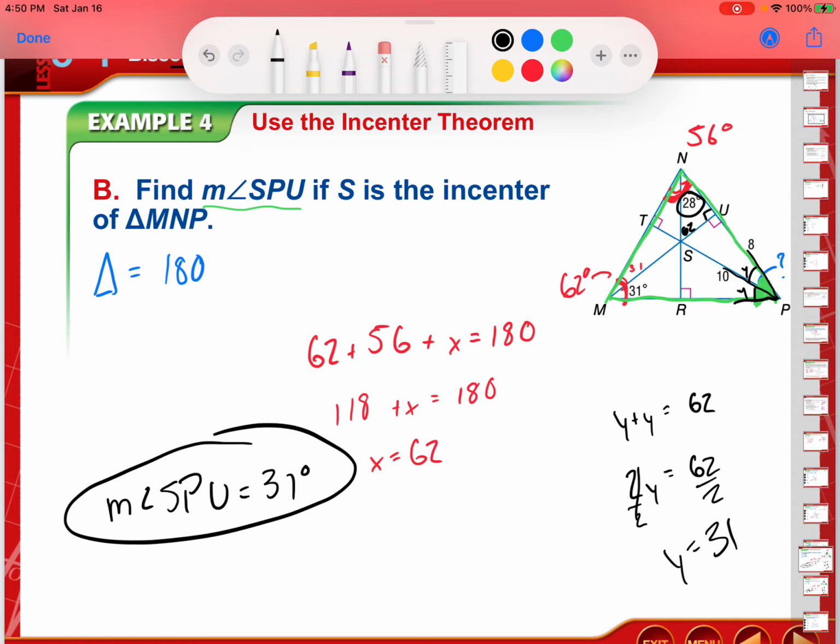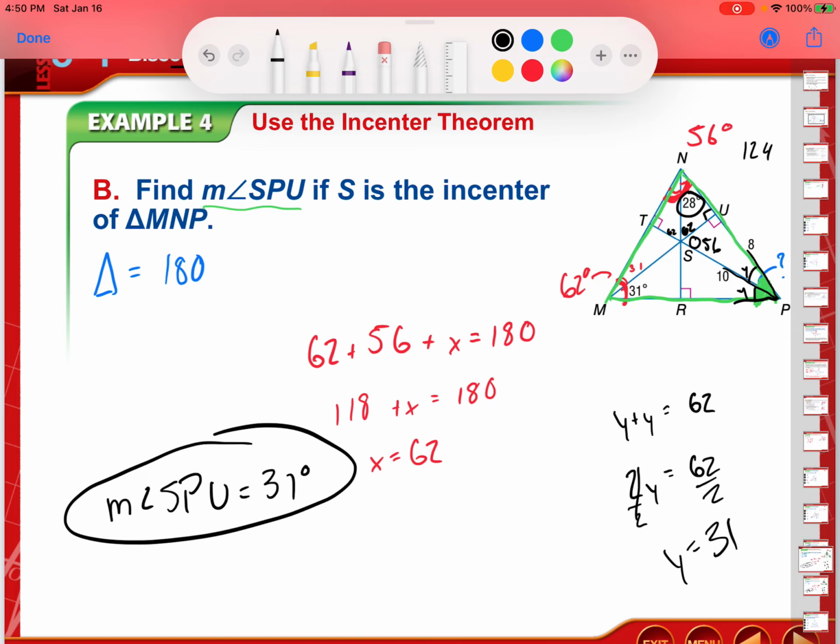So we would know this is 62. That's 62. And then this would be 62, which would mean if we added 62 and 62, we would have 124. 62, 62, and this angle have to equal 180. So we would know that would have to be 56.